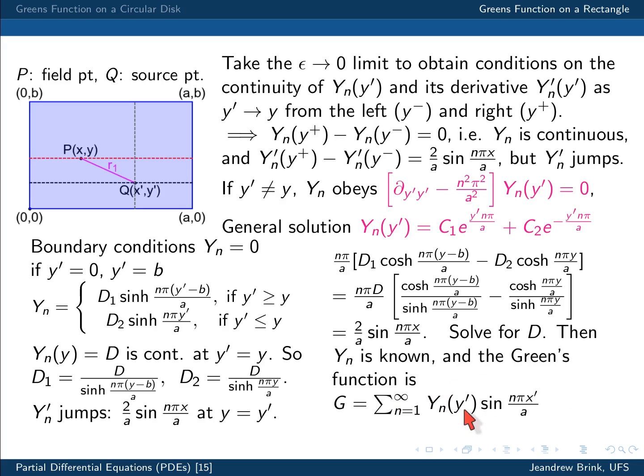And just to see the x part, you should maybe see that the d, which basically multiplies yn, is proportional to sine n pi x. So you basically have sine n pi x prime times sine n pi x over here. So it's symmetrical if you change x and x prime.